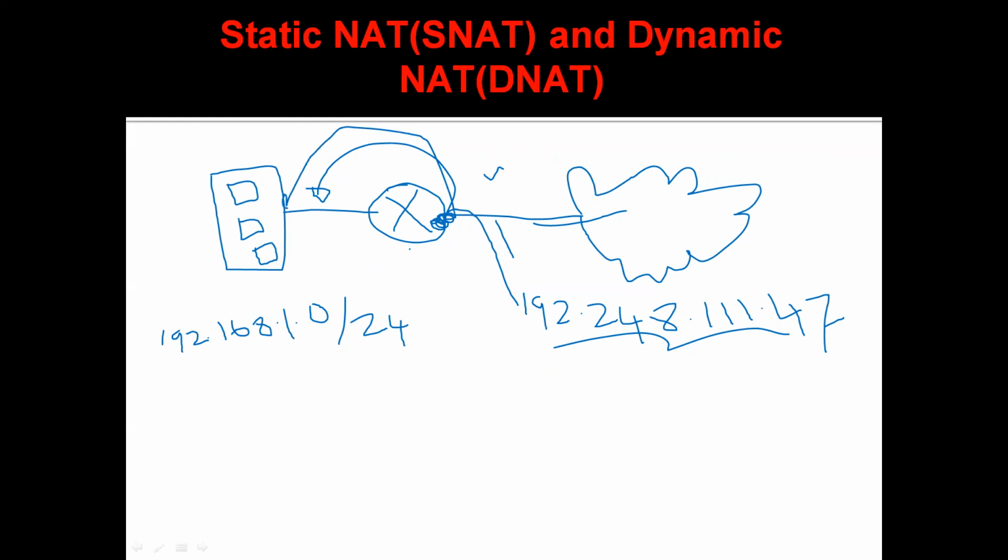If we have other LANs like this, packets are not forwarded to them, only to this LAN through the NAT. This is called dynamic NAT.